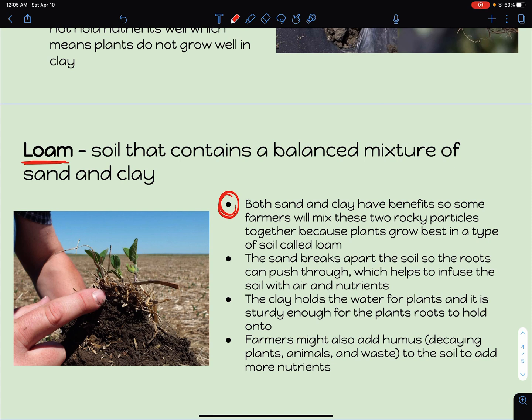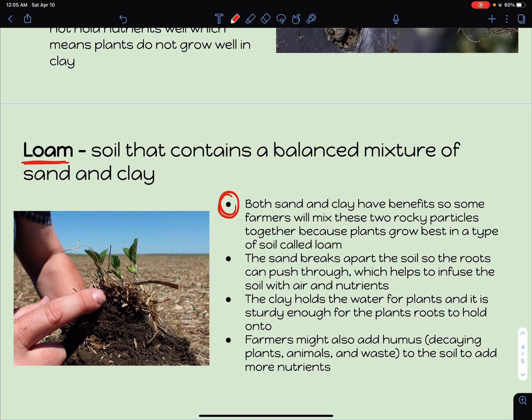Again, we really want to remember that sand and clay together work well, because sand doesn't hold a lot of water or nutrients. The clay does. So they are strong where the other is weak. So when we put them together, they balance their weakness.